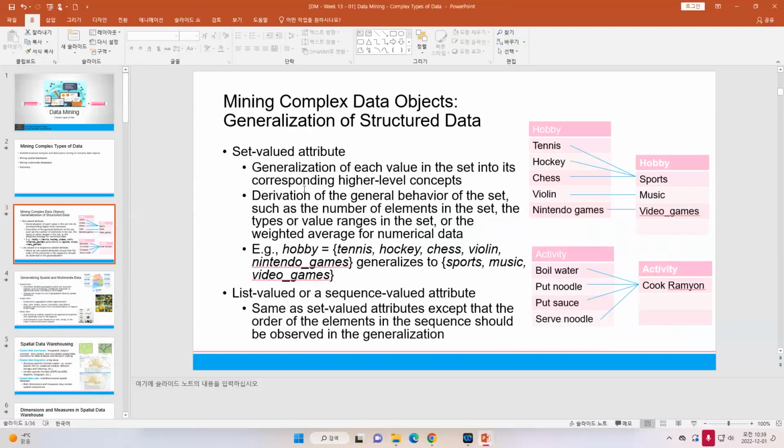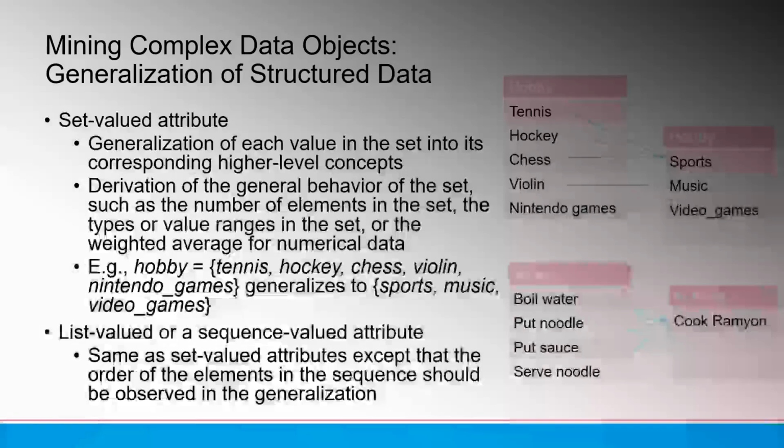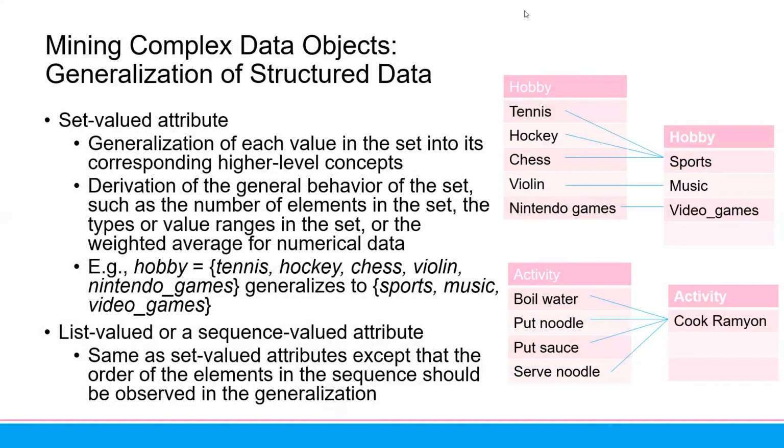A set value attribute is more like this: we have one kind of category, and this is the single value attribute. So this is a set. Sports is a set of values such as tennis, hockey, and chess. Whenever you work with the multimedia database, we will also deal with this kind of set values, not with single values.